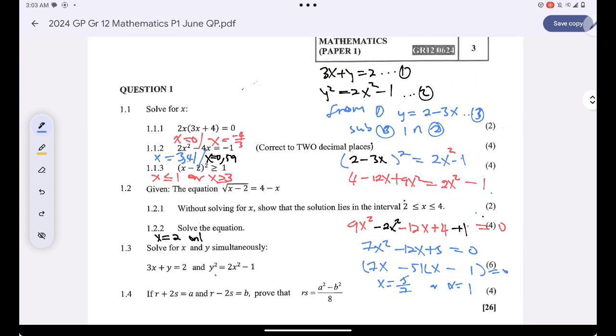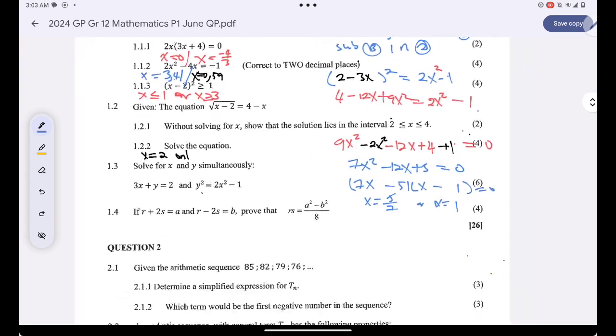And then now I have solved for x. I need to go back and solve for y.